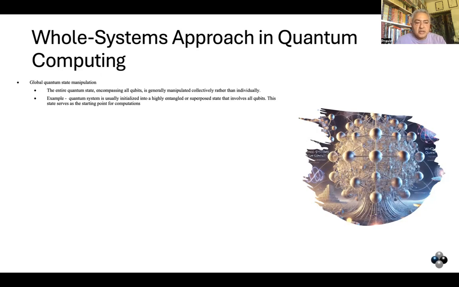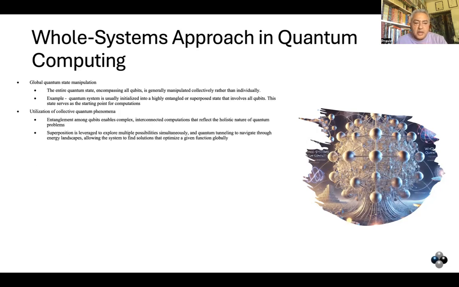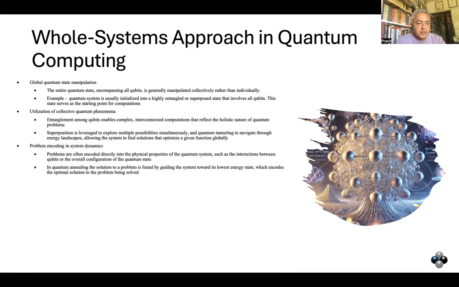So an example of this is that in the initialization of a whole systems quantum computing approach, generally all the qubits are put in a highly entangled or superposed state, and this becomes a starting point for computation. We have utilization of collective quantum phenomena, and these are examples of entanglement amongst qubits that enable complex interconnected computations. There's superposition that explores multiple possibilities simultaneously.